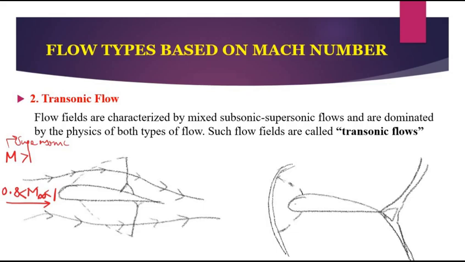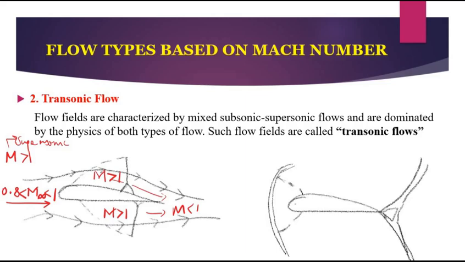So as you can see, the airflow is coming from here, and these are the pockets where we see that the Mach number is becoming greater than 1. Now this flow is terminated by shock waves, and once the flow is terminated, again behind the shock waves my Mach number becomes less than 1.